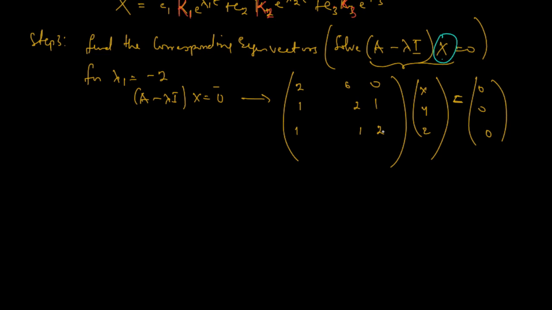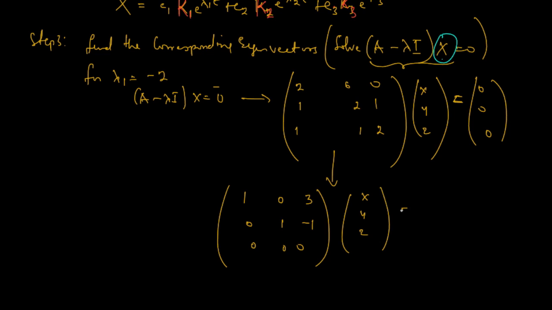So we want to solve this, and we recall from linear algebra that if you want to solve a linear system, what we first do is row reduce the coefficient matrix. Row reducing this coefficient matrix, we obtain 1 0 3, 0 1 -1, and then 0 0 0, times x, y, z equals 0, 0, 0.